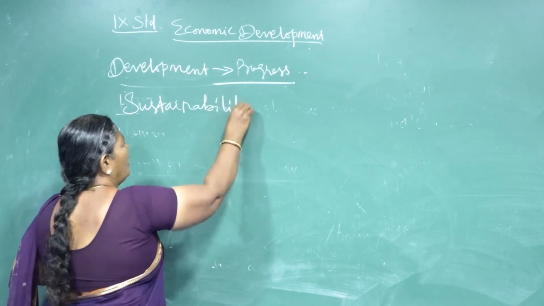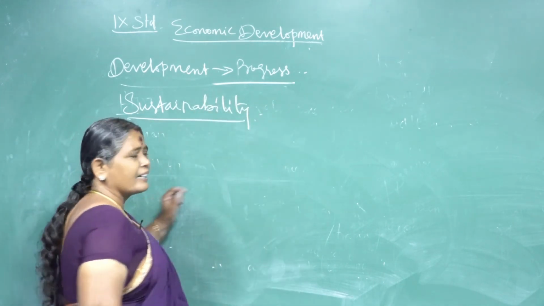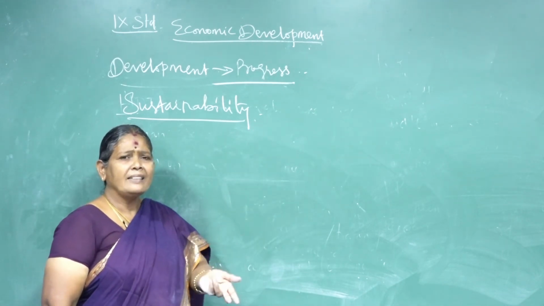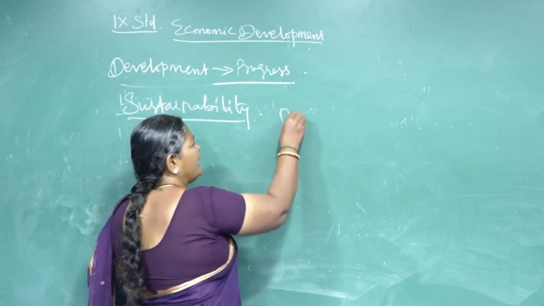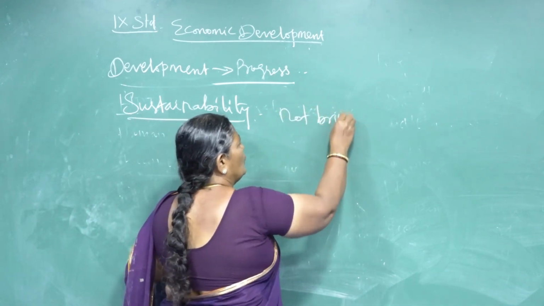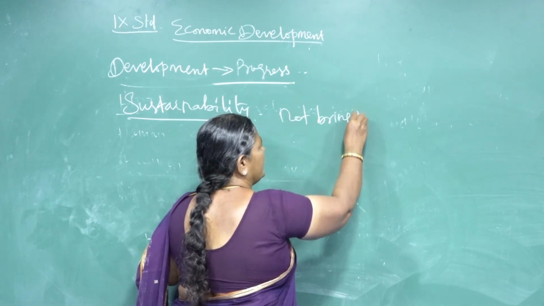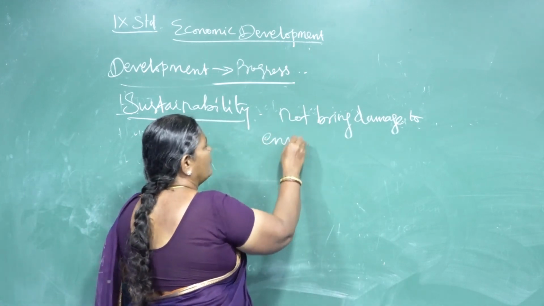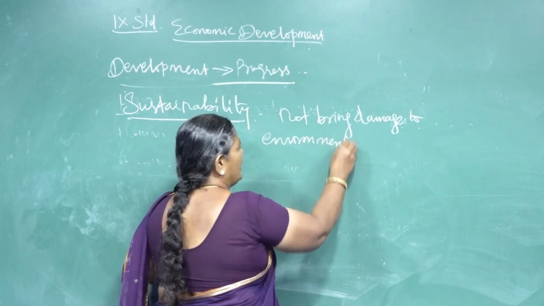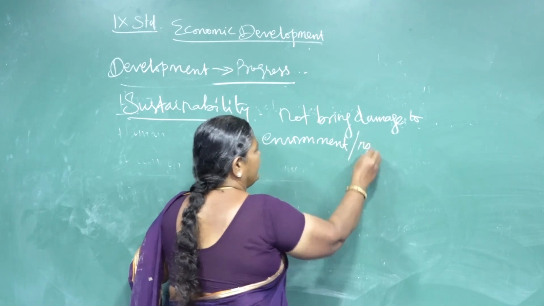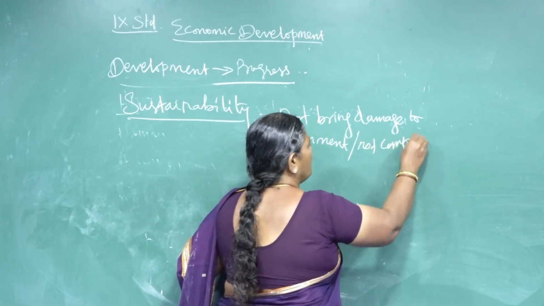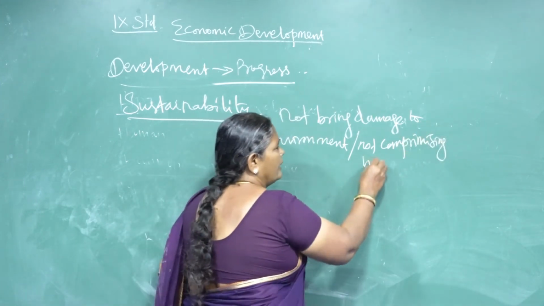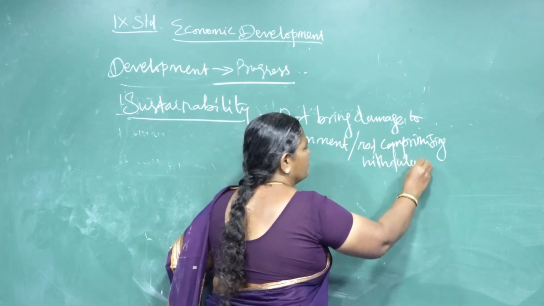Sustainability. How to define this word sustainability? It means not bringing damage to the environment, and also not compromising with future generations.